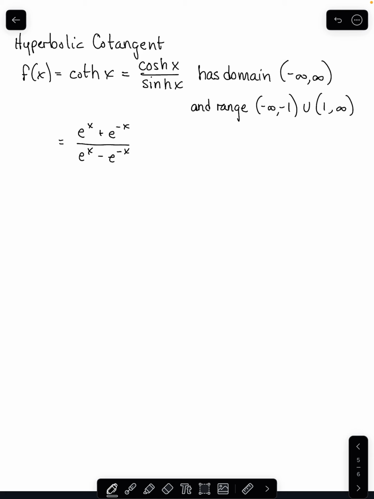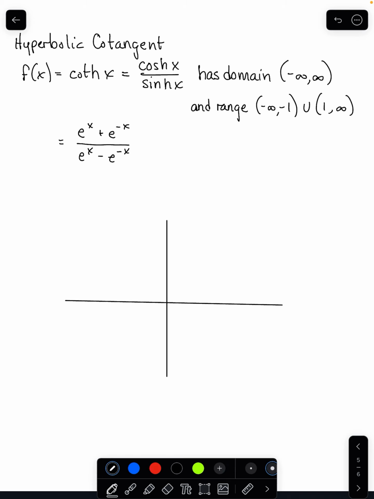In much the same way that the graph of trigonometric cotangent can be derived from the graph of trigonometric tangent, we can do that here as well. Now, we still, for our outputs, will only be able to approach 1 and -1.